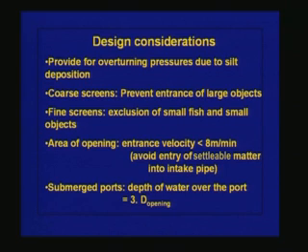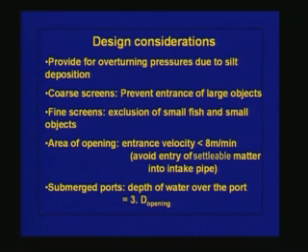The area of opening of these screens should be such that the entrance velocity is less than 8 meters per minute. If the entrance velocity is very high, then large objects also could be suspended due to the turbulence, and this material can easily enter into the intake structure. So the entrance velocity should be less than 8 meters per minute, so that the entry of settleable matter into the intake pipe is avoided.